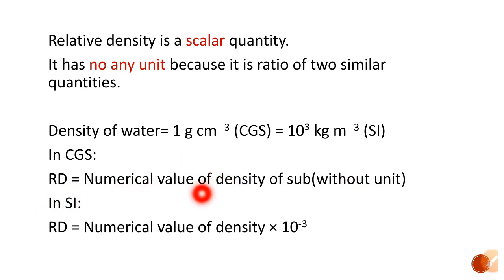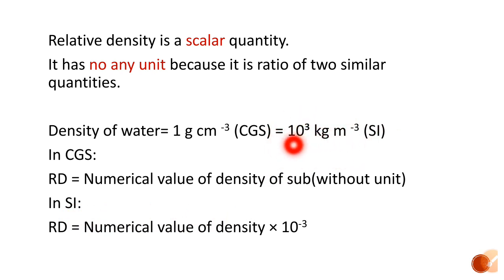Okay, so it is divided by 1, because in CGS the density of water at 4 degrees Celsius is 1, so we have the same value here. But in SI units, the relative density is equal to the numerical value of the density multiplied by 10 to the power minus 3. 10 to the power minus 3 means it is divided by 1000. Because the relative density is equal to the density of the substance divided by the density of water, which is 10 to the power 3.